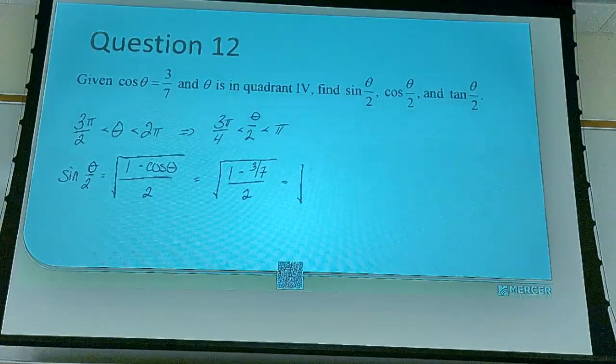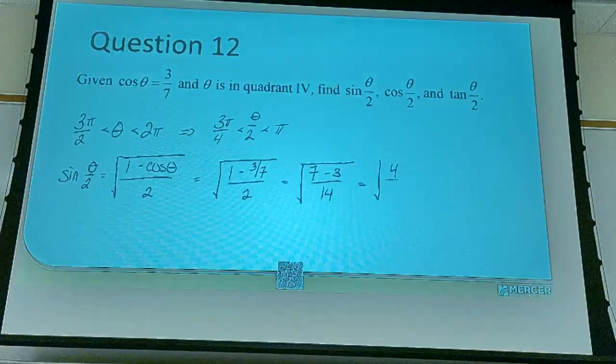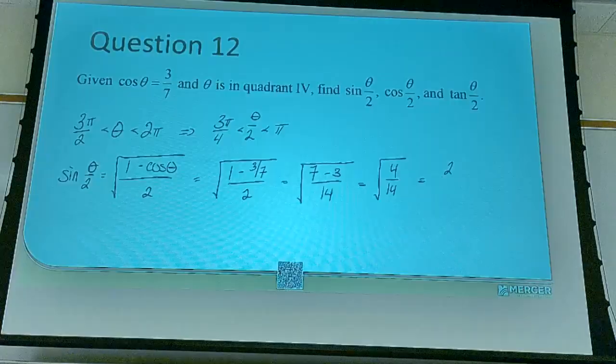Clear out the compound fraction. Square root of 4 over 14. Two over the square root of 14. And again, we could rationalize that if you wanted to.